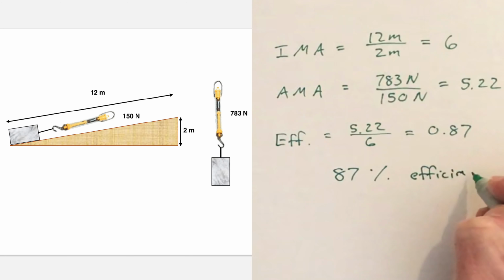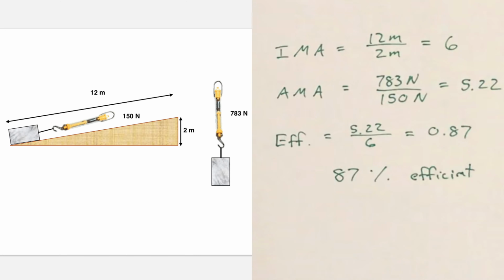Now that 13% loss is something like friction, probably not moving fast enough for air resistance to be an issue. So nothing is 100% efficient. This particular ramp is 87% efficient.